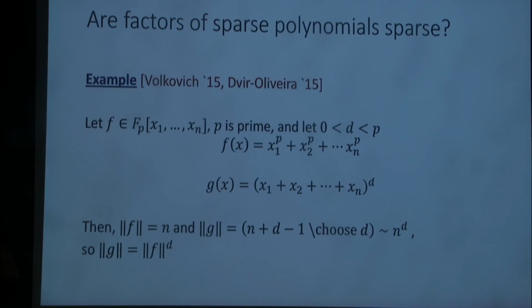Right. But this example first of all doesn't hold over characteristic 0, and it wouldn't hold if the characteristic of the field was much larger than the degree. But if your degree is mixing with the characteristic of the field in some funny way, then you can create examples.